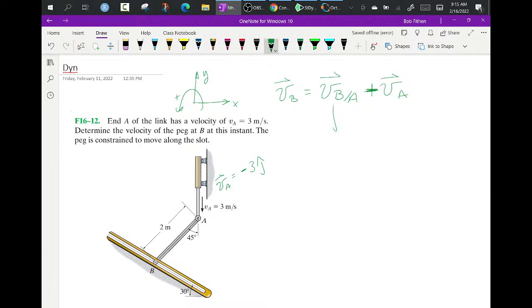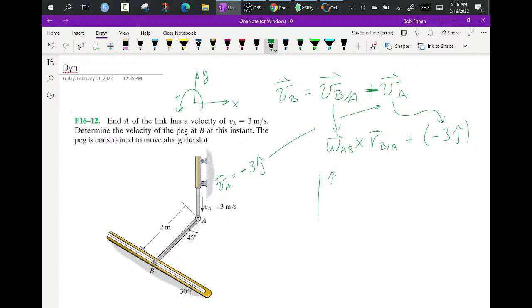Now, this is omega of link AB cross with R of B relative to A plus a minus 3j, which comes from right here.